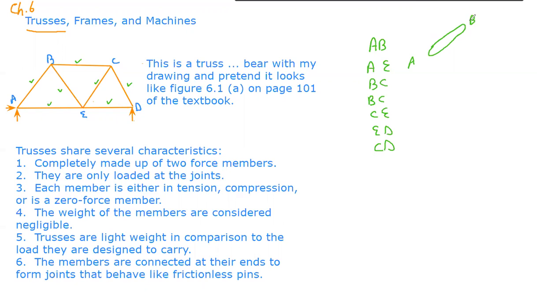That means that either there's a force acting on the B end and the A end in this direction, or there are forces acting on the A and B end in this direction. There are only 2 forces. Trusses are made up of members that are completely 2 force members.